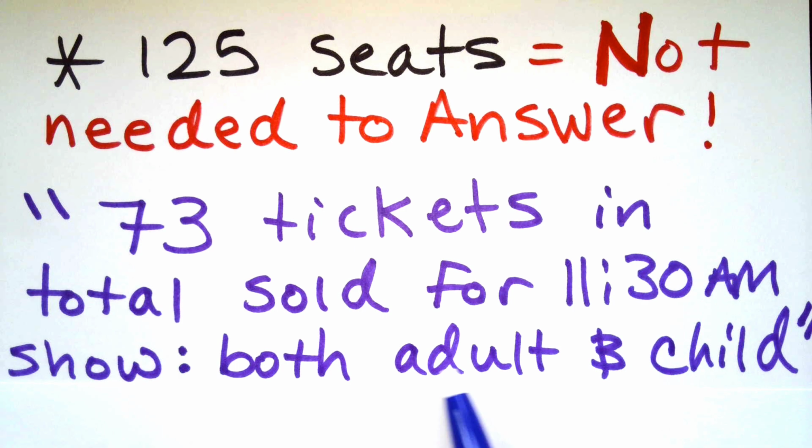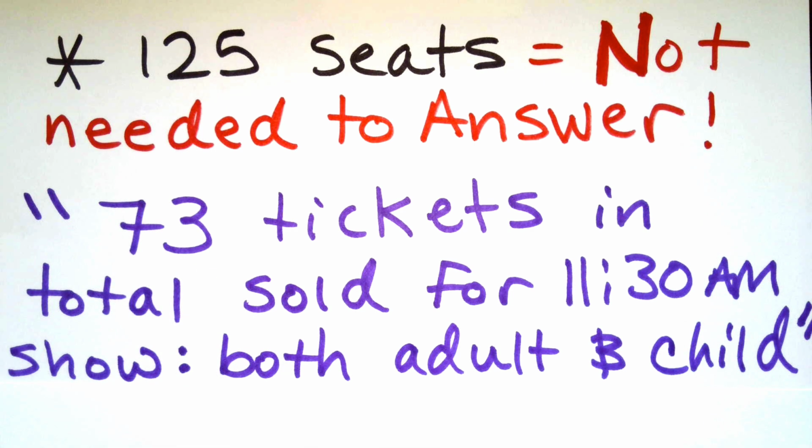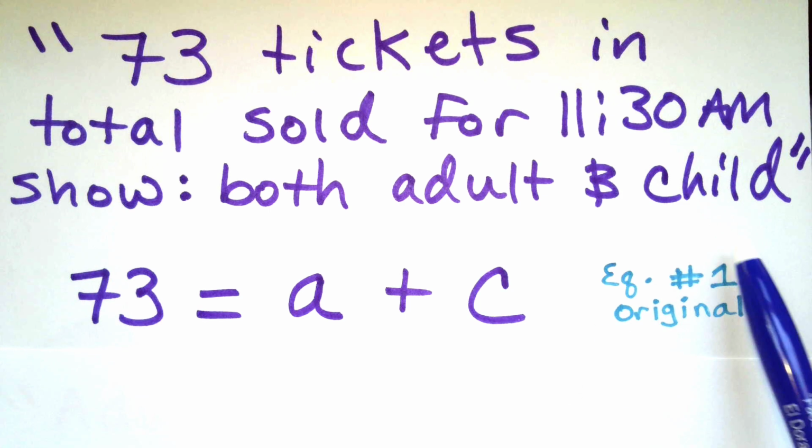So if you add up all of the adult and all of the child tickets sold, you will end up with 73 total tickets sold for that 11:30 a.m. show. This is going to be our original equation number 1.